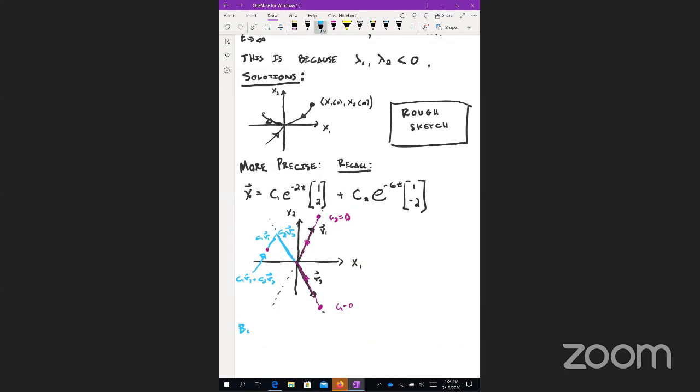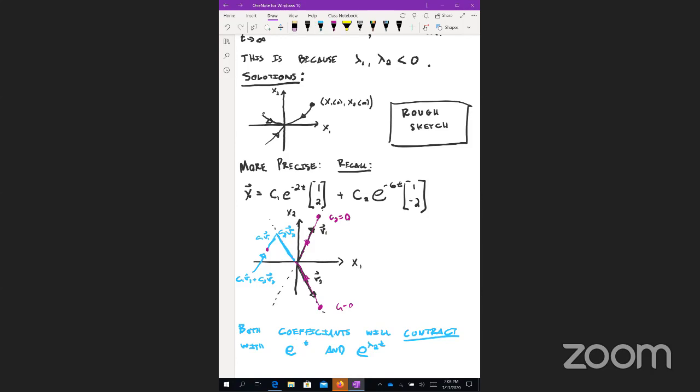So both coefficients will contract with e to the lambda 1 t and e to the lambda 2 t.